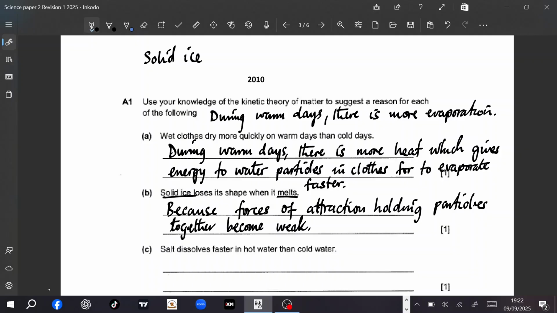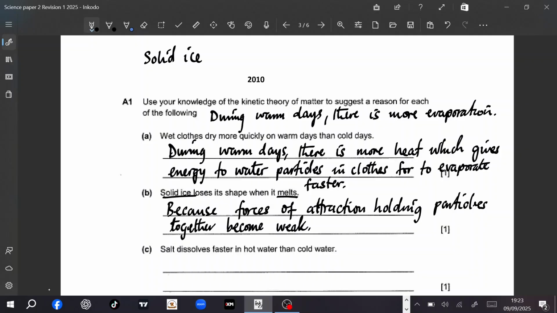Then they're saying, salt dissolves faster in hot water than in cold water. So, again, when it comes to dissolving, dissolving involves movement.